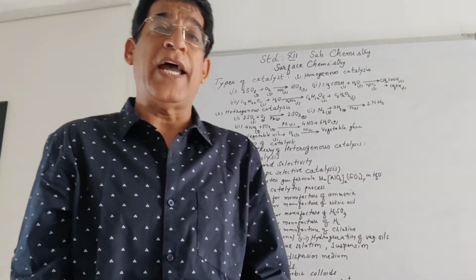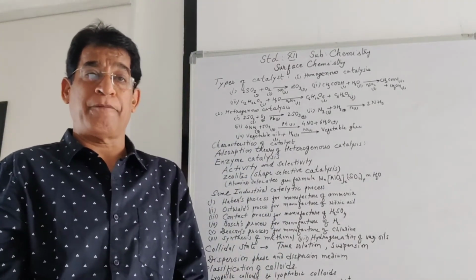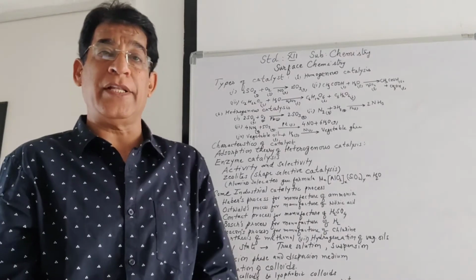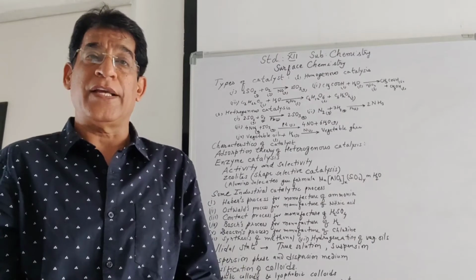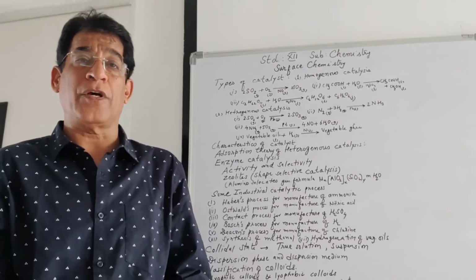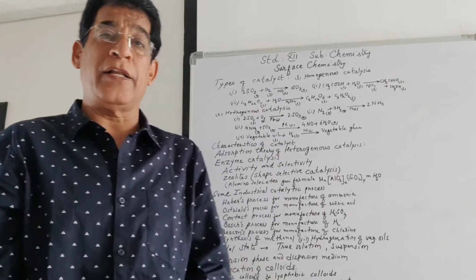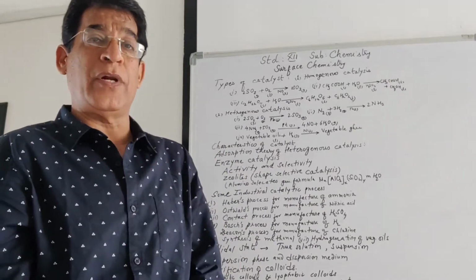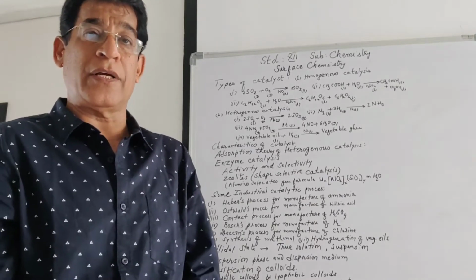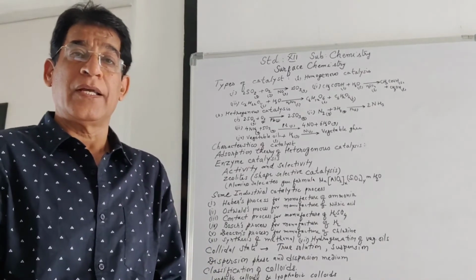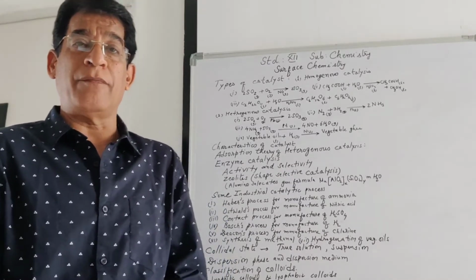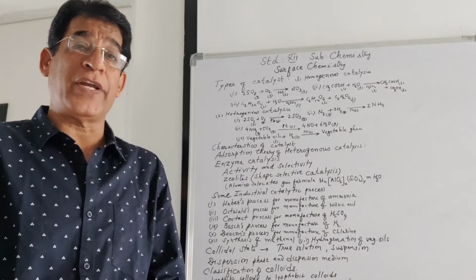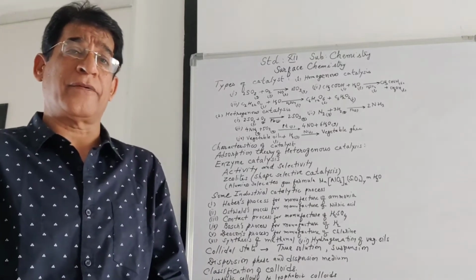Now, enzyme catalysis. Enzymes are complex nitrogenous substances produced by living organisms. Enzymes are actually protein molecules of high molecular mass. Enzymes form colloidal solutions in water and are very effective catalysts.